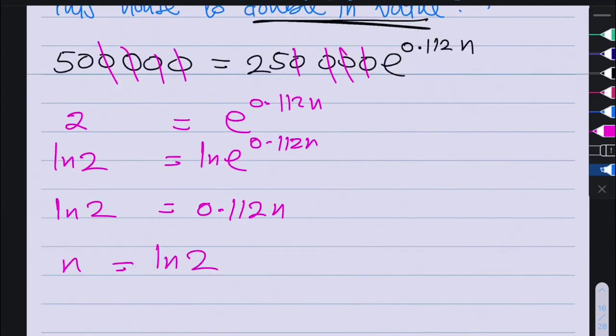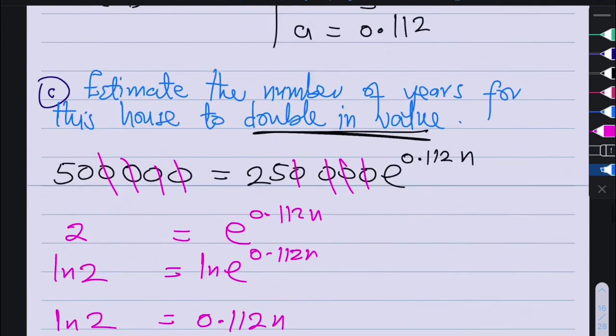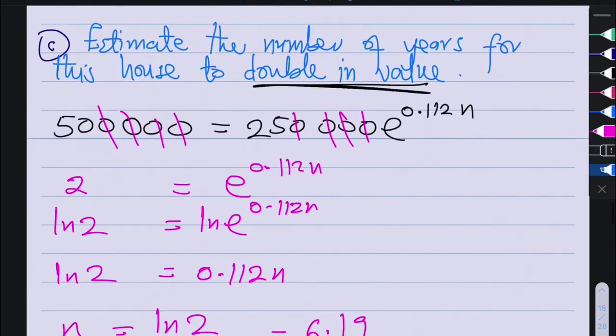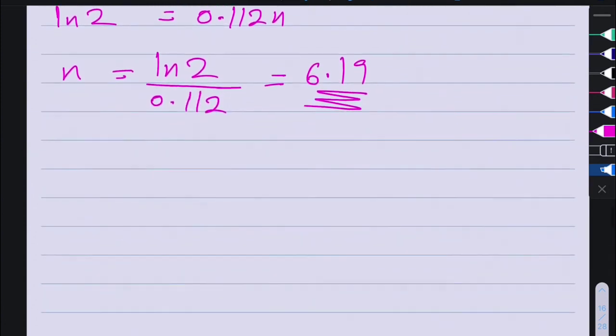Divide both sides by 0.112, you have n equals ln 2 over 0.112. Calculator says 6.19, correct to 3 significant figures. So it will take this number of years for the house to double in value.